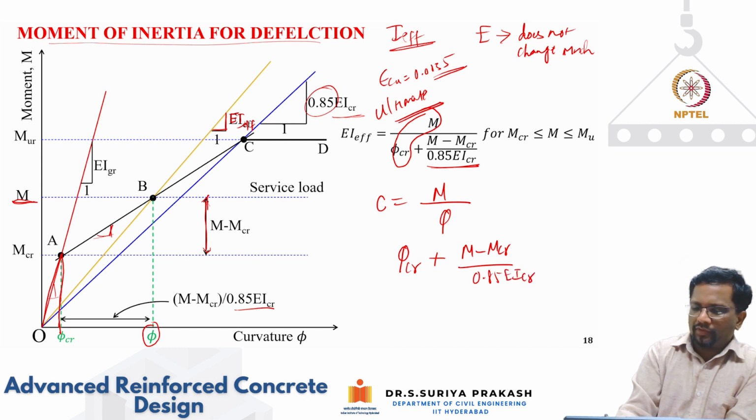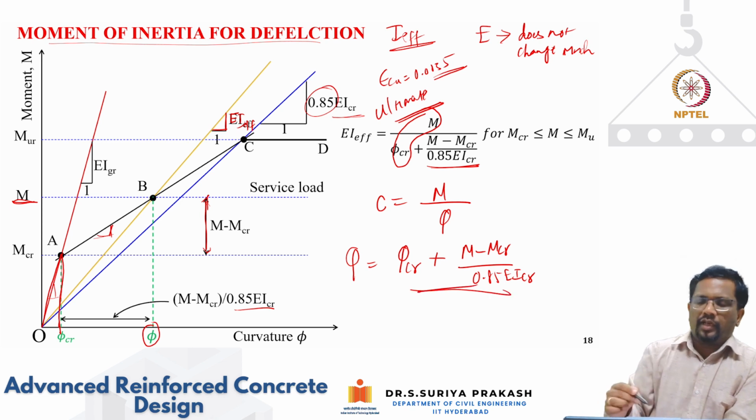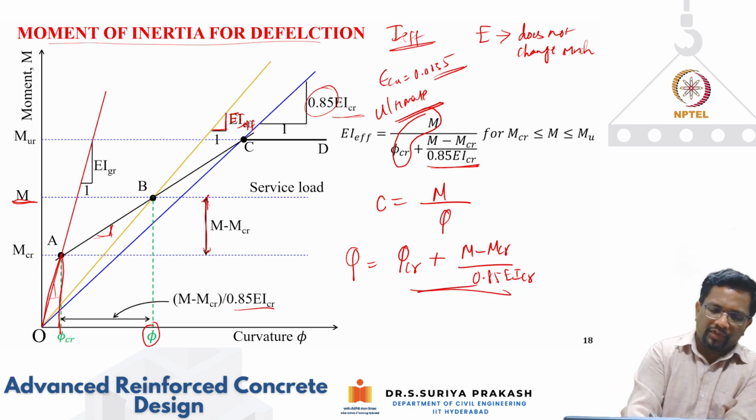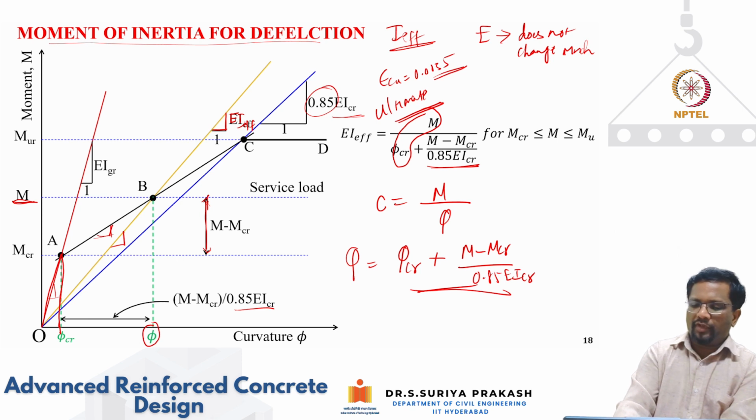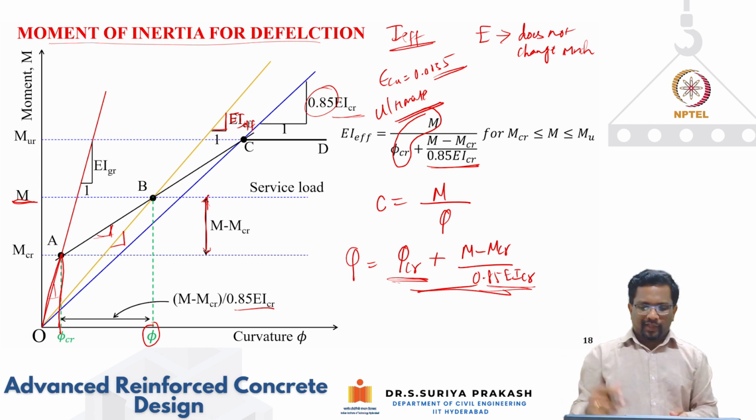Okay, so that is what your P is. The moment I get this, I can, because this slope is what we are interested in. Now, what is this slope? Basically, it is going to be moment divided by that curvature. That curvature has two components: one is curvature at cracking, plus that additional curvature that is coming because now I have exceeded that cracking moment, right?